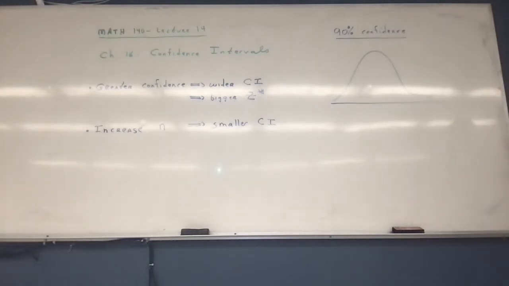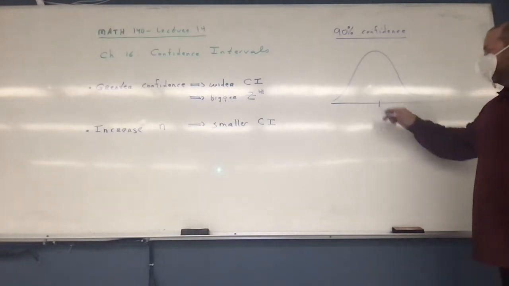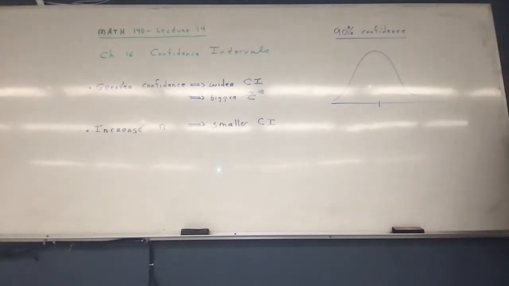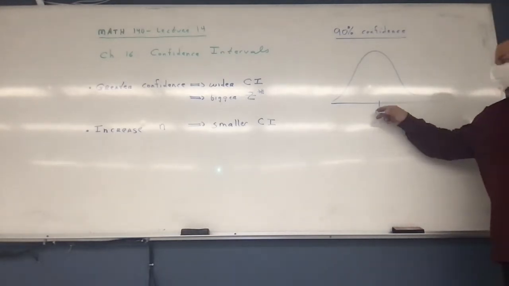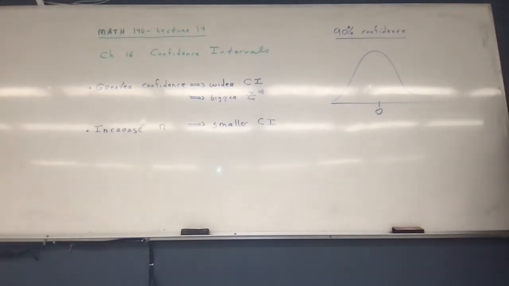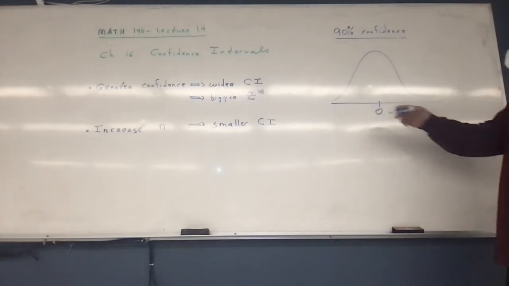So what number is directly in the center for the standard normal? 0. Okay, I appreciate that you feel like I know what you meant, but no, it's 0. So 0 is directly in the center.